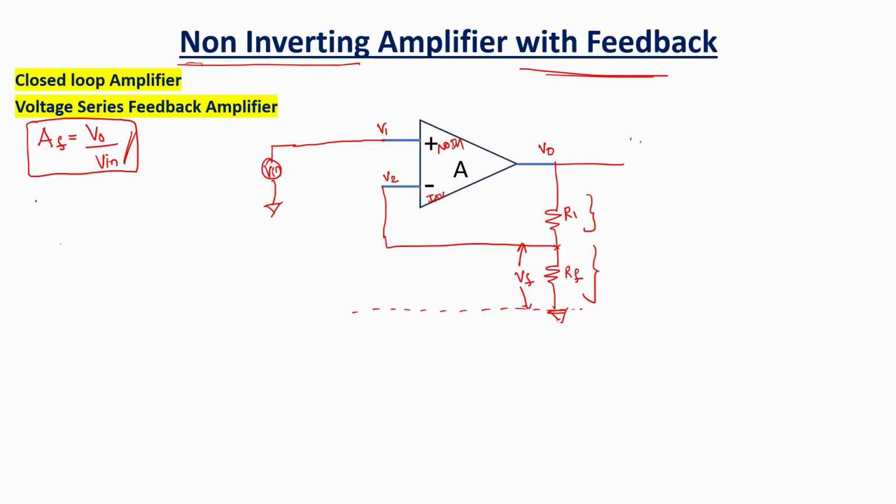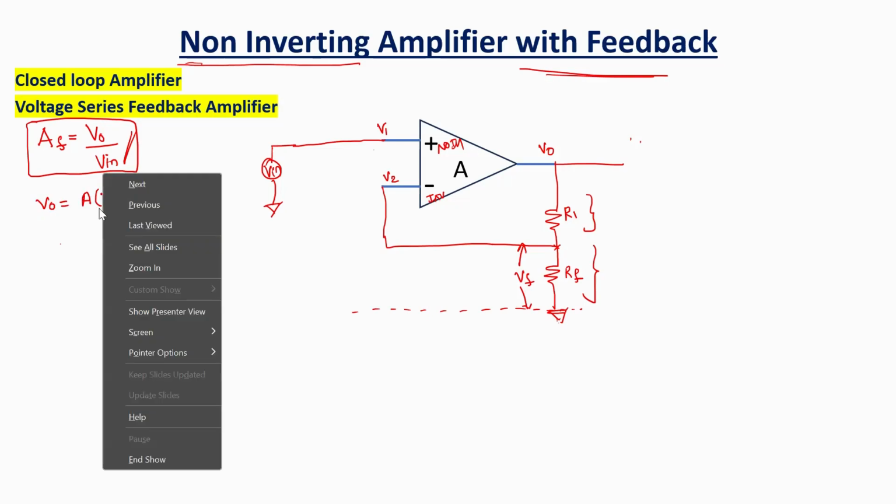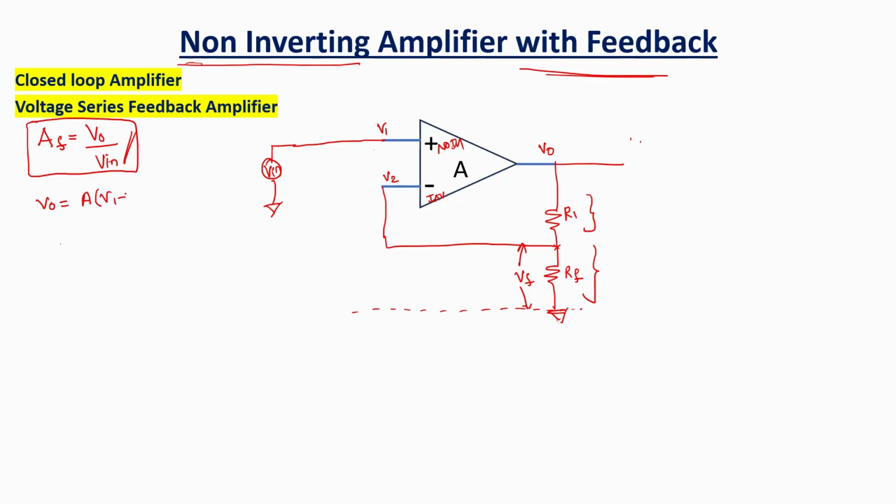What is the output voltage? Output voltage is nothing but the open loop gain A multiplied by V1 minus V2. It is nothing but the difference of the voltages V1 minus V2 into the gain, which is V naught. You can check out that open loop configuration in my previous videos.